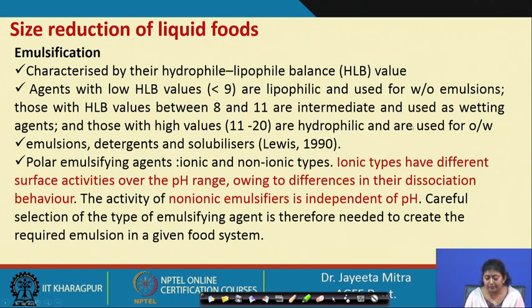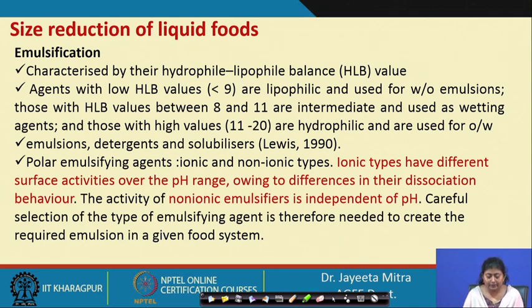Those with HLB values between 8 and 11 are intermediate in characteristics and used as wetting agents, and those with a higher value, that is 11 to 20, are hydrophilic and used for the oil in water emulsion. So, we have 3 distinct cases. When HLB is lower than 9, these emulsifying agents are used for making the water in oil emulsion.